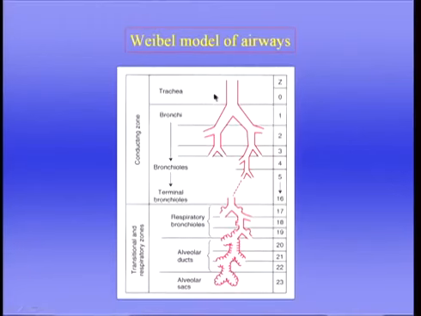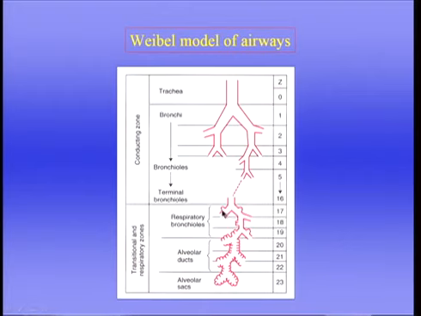What he said was that there is, first of all, a conducting zone, starting at the trachea and going all the way down to the terminal bronchioles, which are the last airways that don't contain alveoli. So all this is the dead space, the anatomic dead space, a volume of about 150 mL. Then we get to the respiratory zone, sometimes called the transitional and respiratory zone, which is where the alveolation starts.